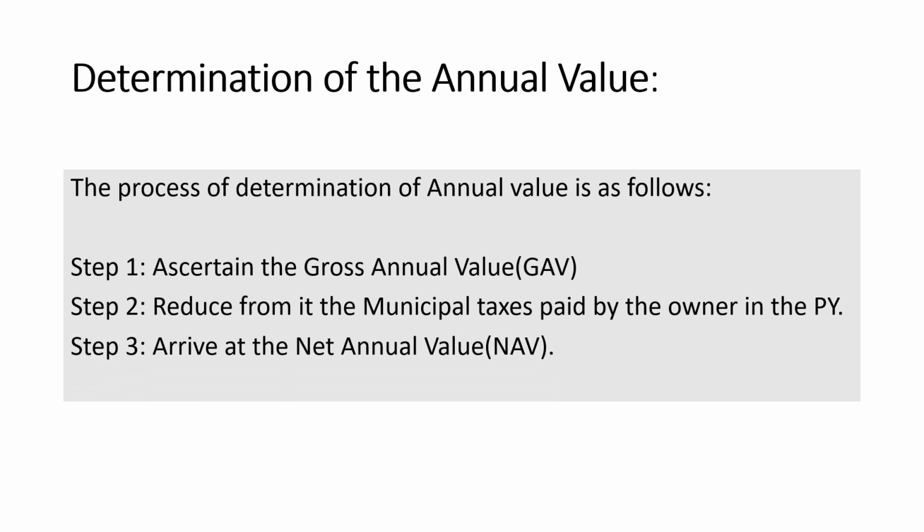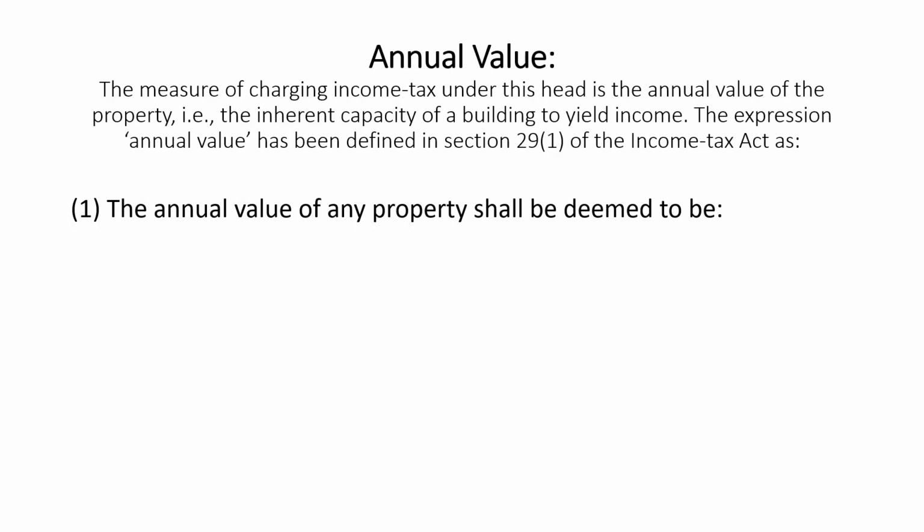Step 3 will be arriving at the net annual value. If you deduct municipal taxes from gross annual value, then you will obtain the value called NAV, that is net annual value.